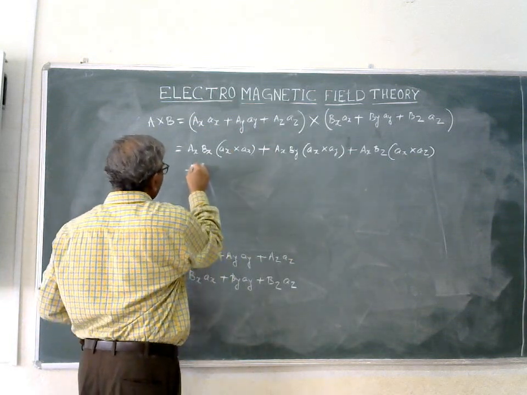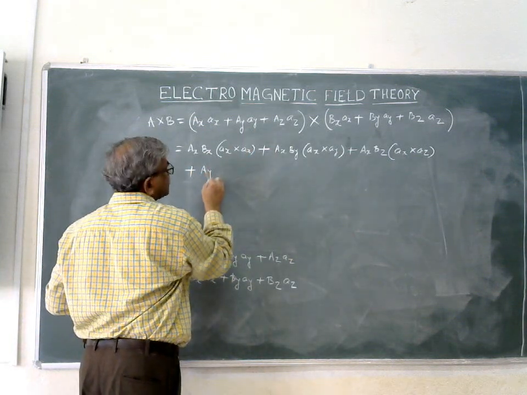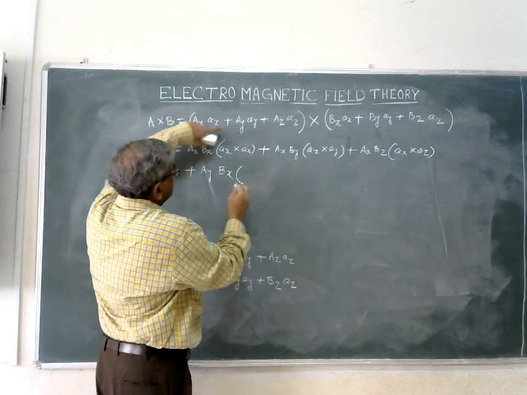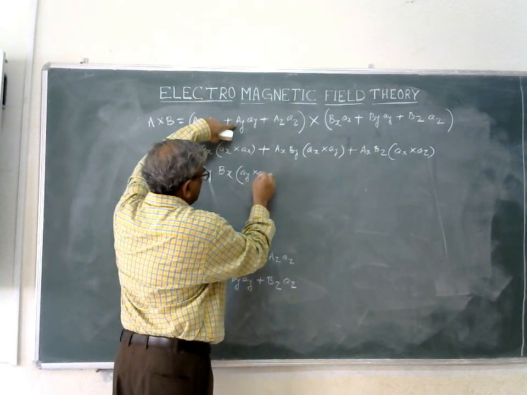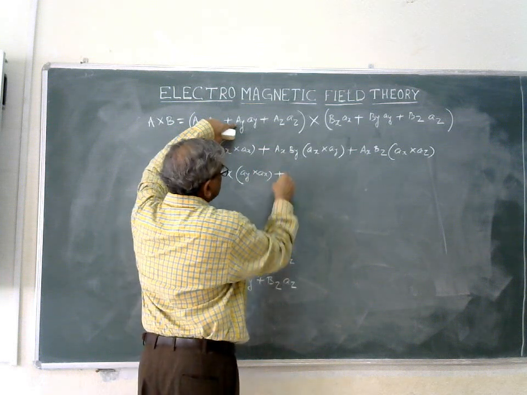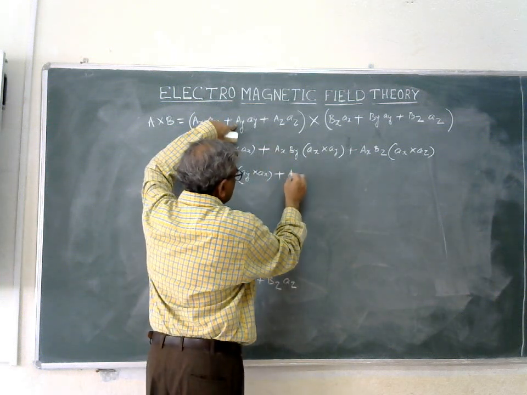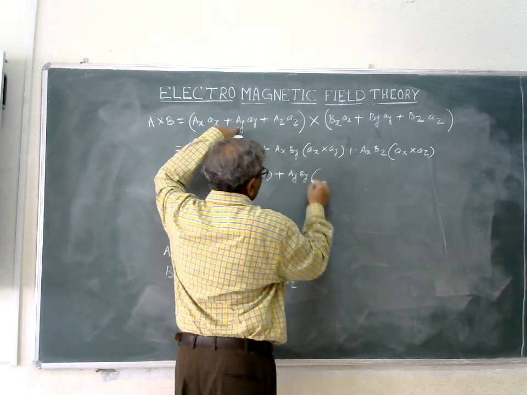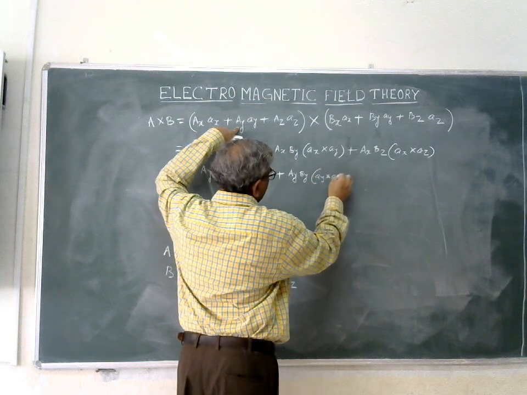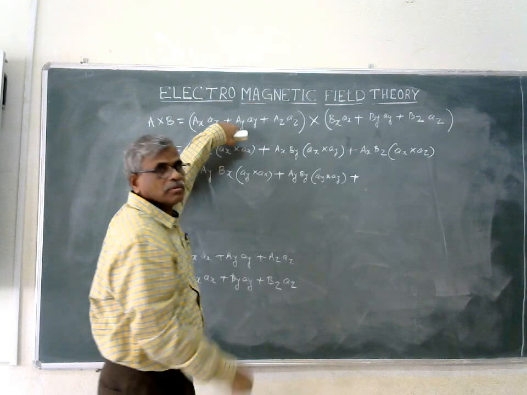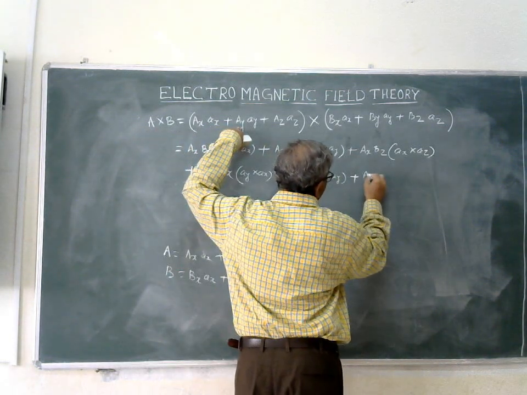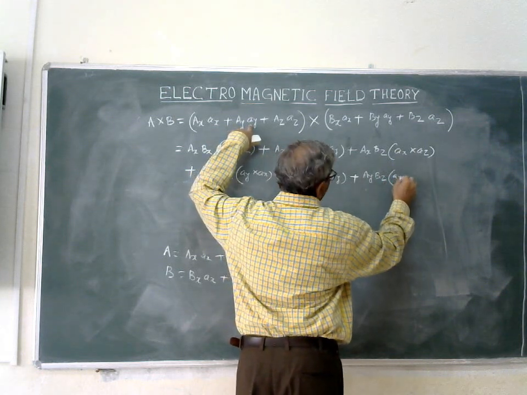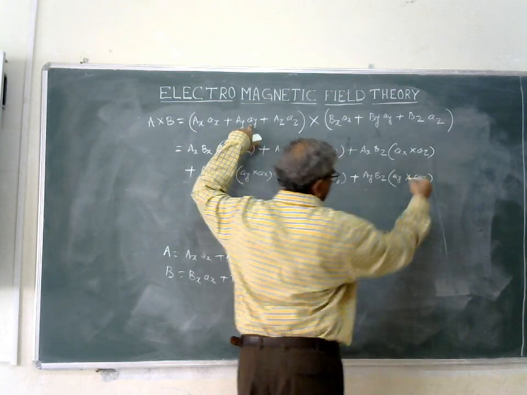Second term: plus Ay Bx into ay cross ax, plus Ay By into ay cross ay, plus Ay Bz into ay cross az.